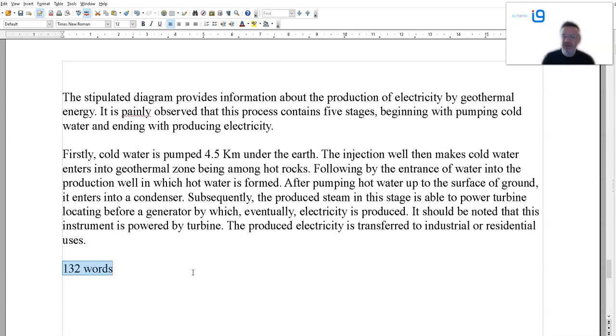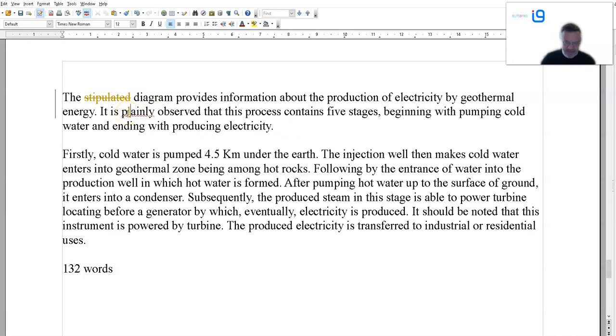We've got 132, 137, was it 102 words? It's pretty short. So how exactly is it stipulated? It doesn't provide information. That's what I'm doing now. The diagram illustrates or shows, or depicts, if you want to use one of those 3 different verbs.